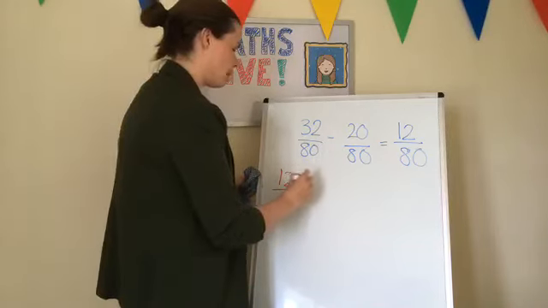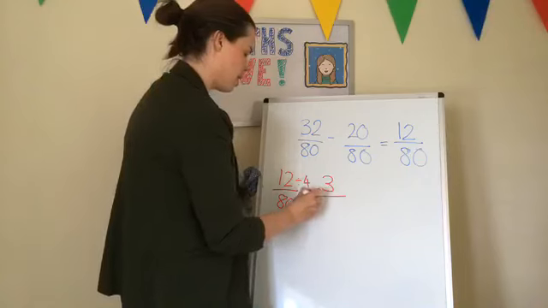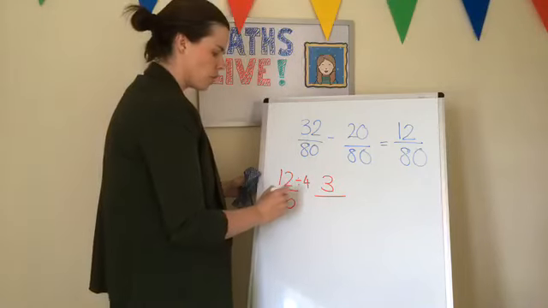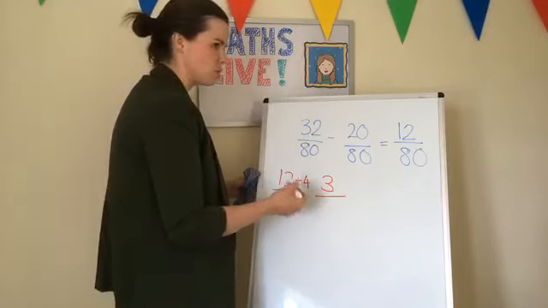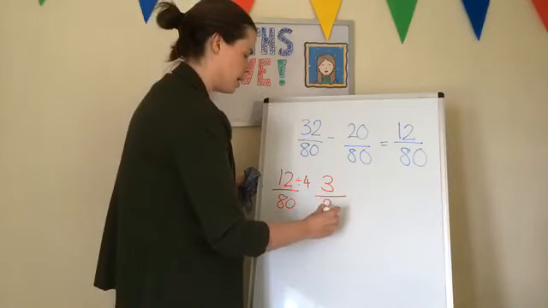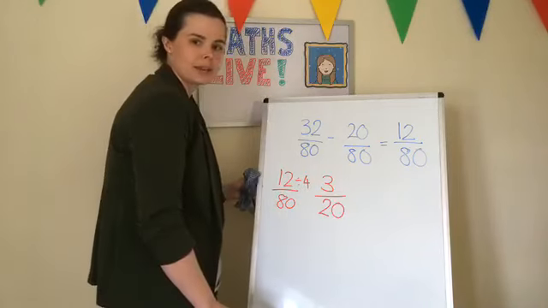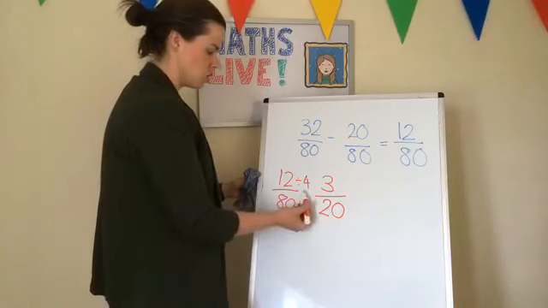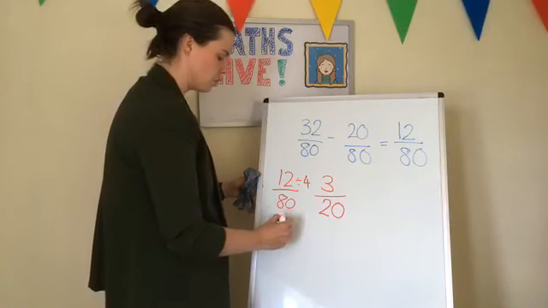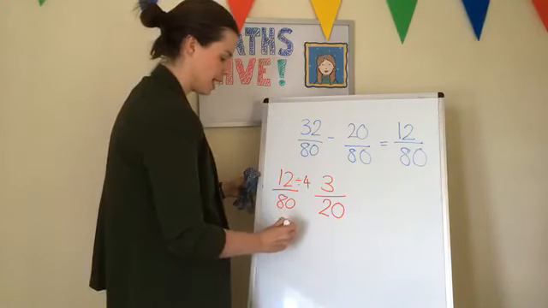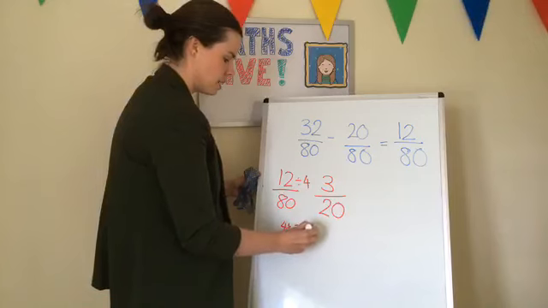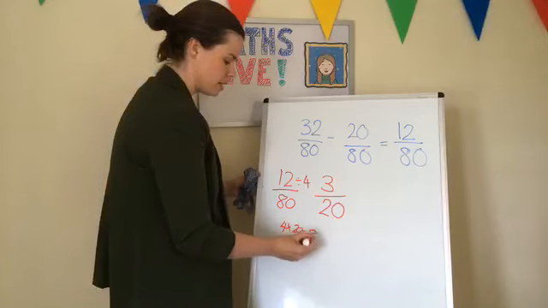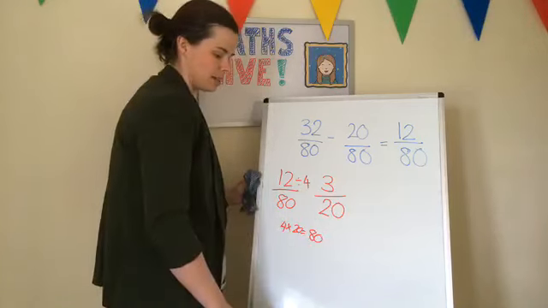So 4 times 3 is 12. And 10 4s are 40, so 2 times 4 is 8, and if you add a 0 there, that makes 80.